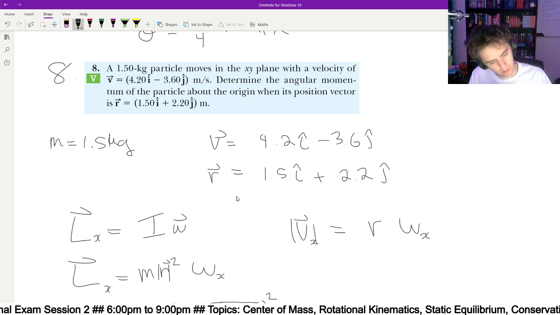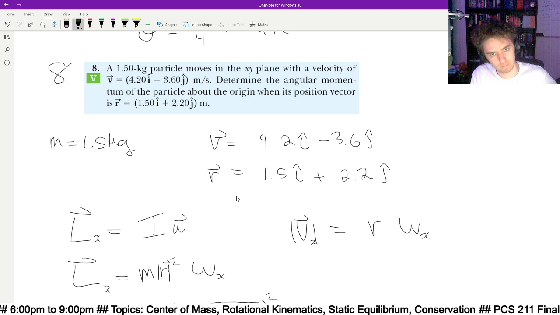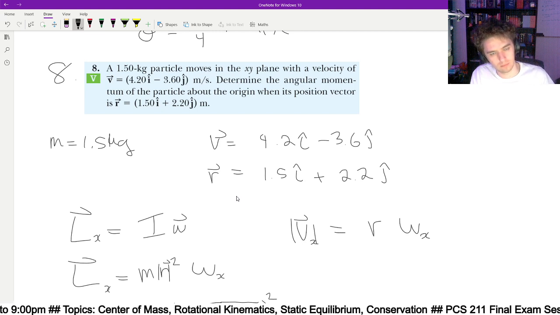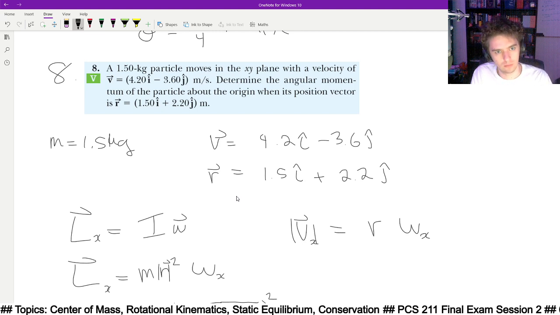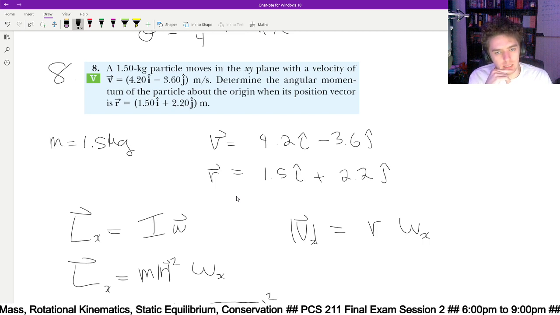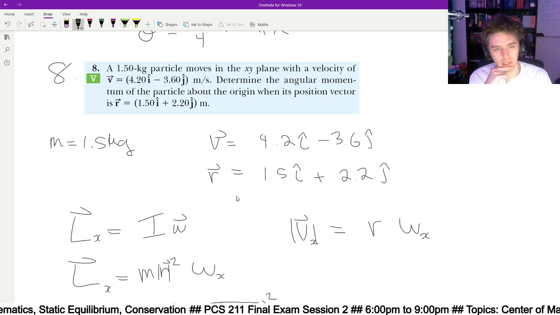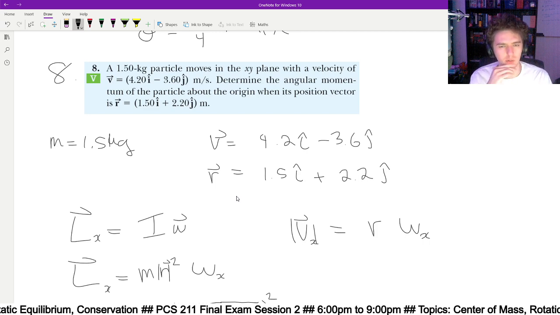I just wanted to ask, can you also multiply the mass by the velocity and then cross product that with the r? Mass with the velocity. I know what you mean. I don't know if that would work though.